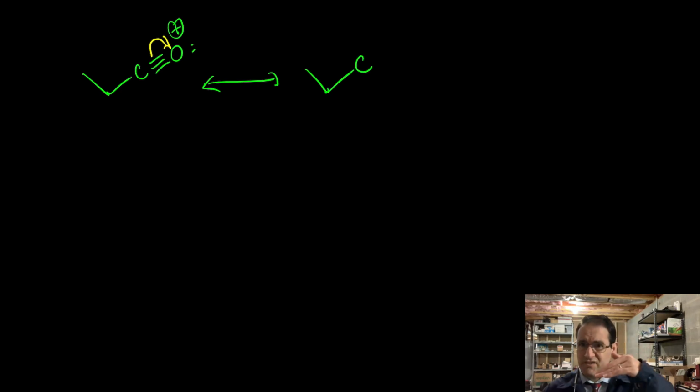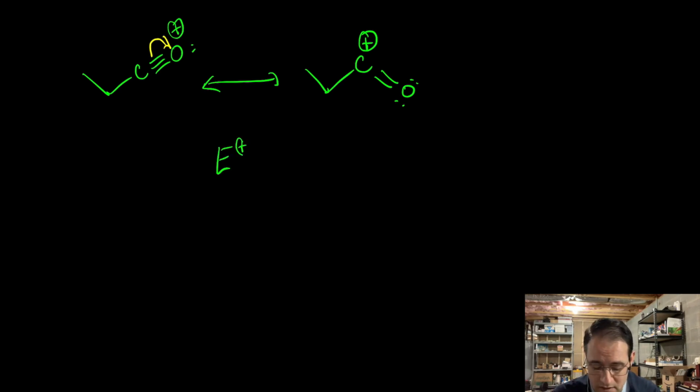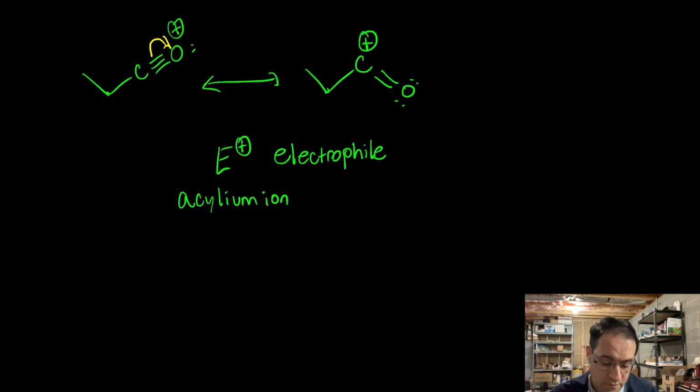And I'll draw it in a different bent form, which I really shouldn't, but I'll just do that since I think it's easier or more comfortable for students to see it in this structure. But this right here is a positively charged thing, so it's an electrophile, right? It's called the acylium ion. Okay, special name for it.